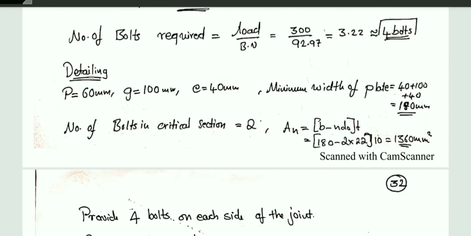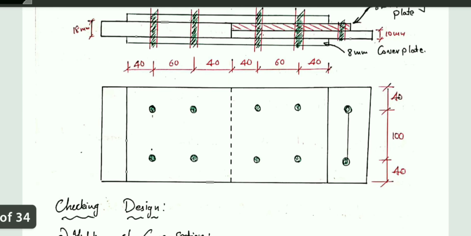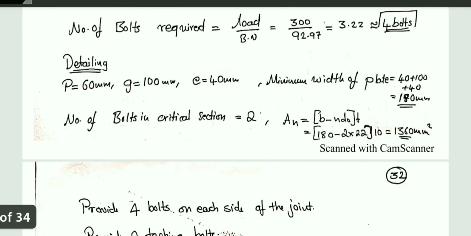For detailing, p and g we have taken, and e we know. The minimum width of plate: the total number of bolts in a line is 2, that is double bolted. The gauge is 100 mm, edge distance is 40 and this is 40, so the total width of plate becomes 180 mm.